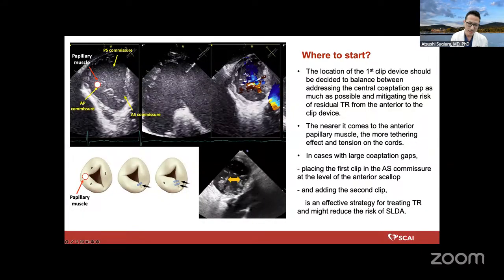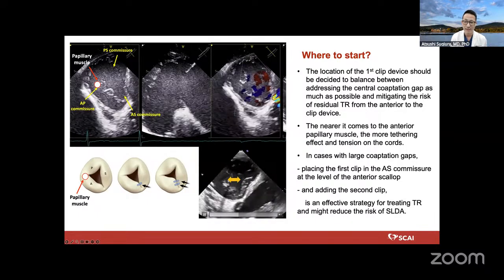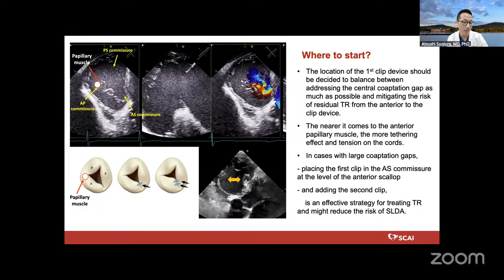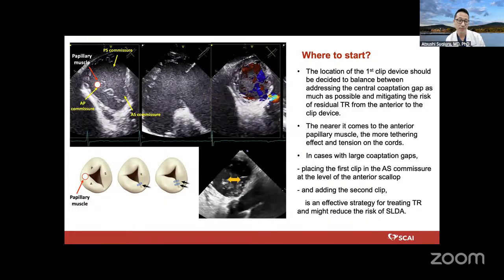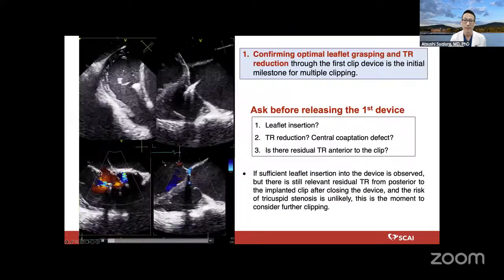That's why, in a case with a large coaptation gap, we prefer to place the first device in the anterior-septal commissure at the level of the anterior scallop, and then add the second clip, which may be an effective strategy for treating TR, and might also reduce the risk of single leaflet device attachment afterward.